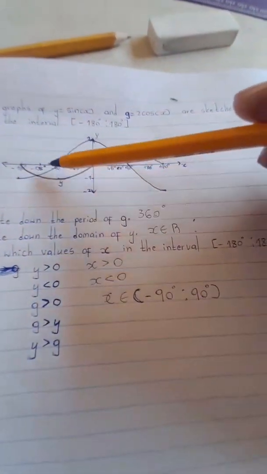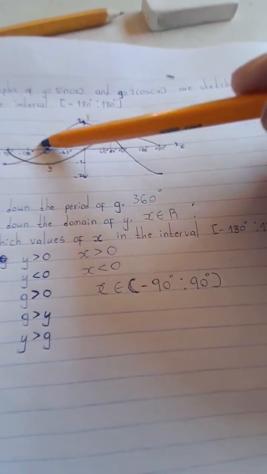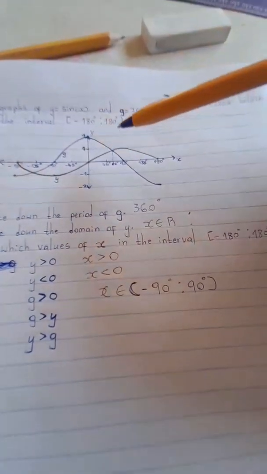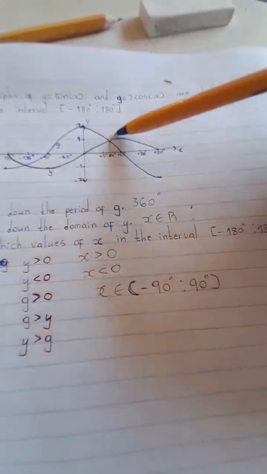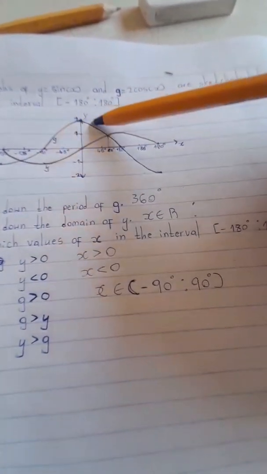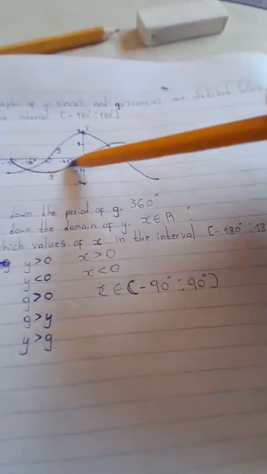We can see from this point here, negative 135, to 65 degrees here, that g is above this graph of y.